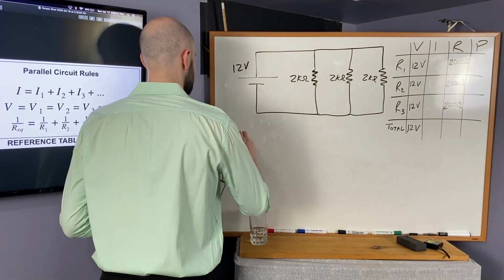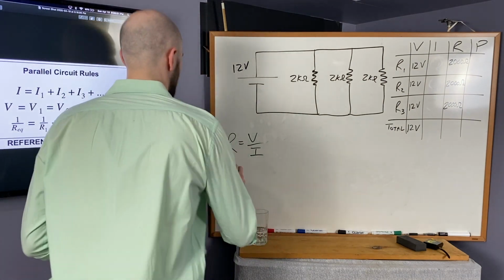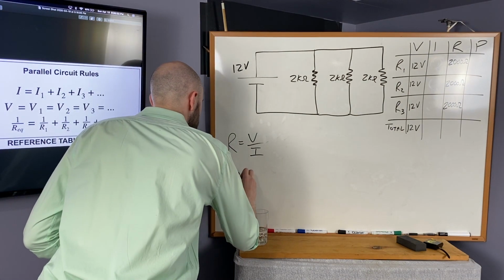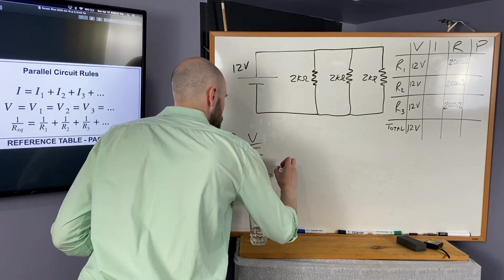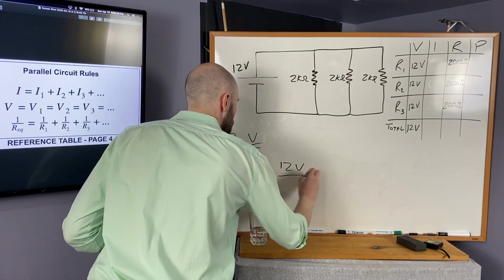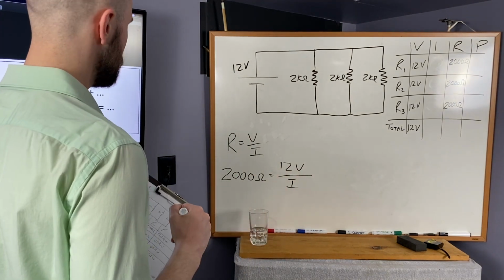So R is equal to V over I. R is 2,000 ohms. The voltage across R1 is 12 volts. We want to figure out how much current is going through.